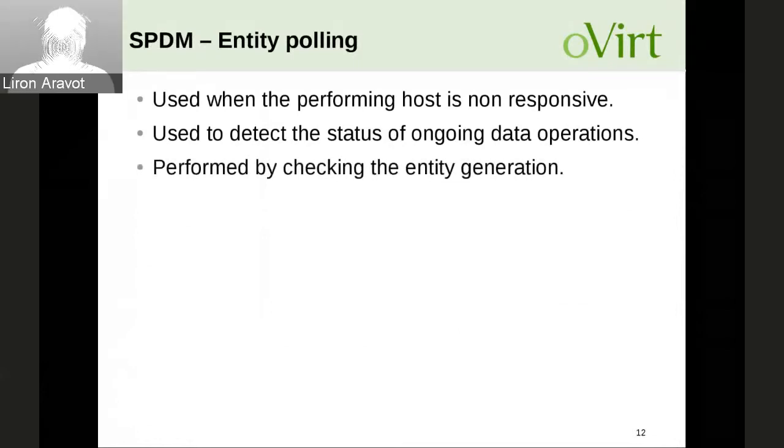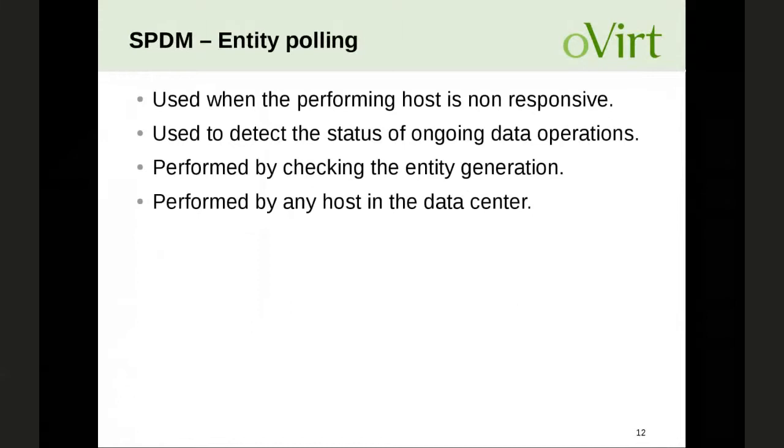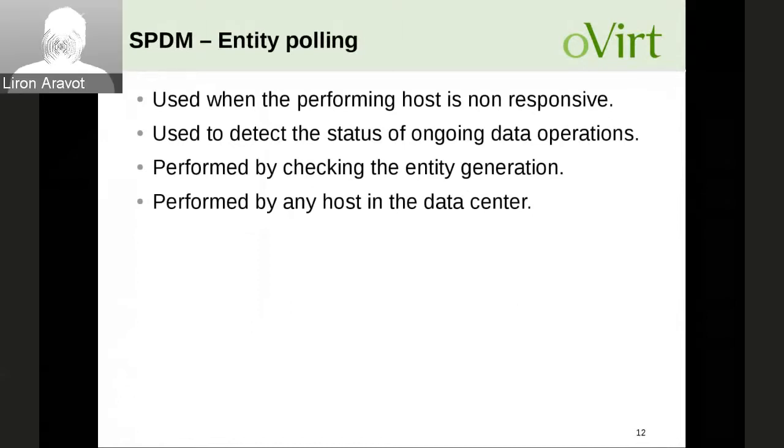Basically, in order to perform entity polling, we assigned a generation to each oVirt storage entity. So for example, when you create a disk or a volume, that entity is assigned a generation. When we send a request to a host to perform an operation, once the host completes the operation, it increments the entity generation.